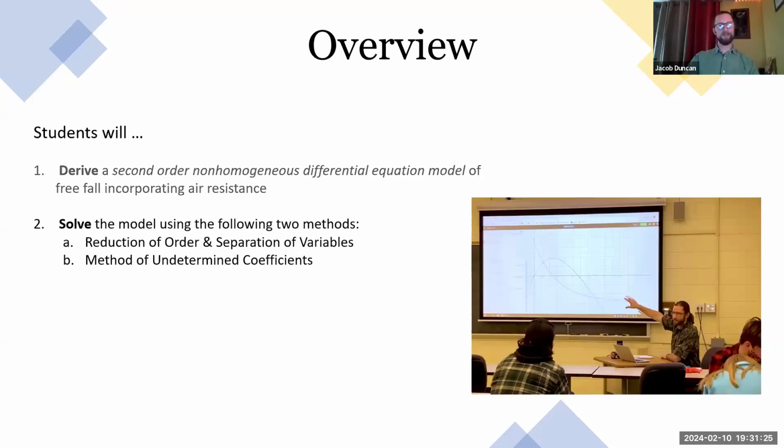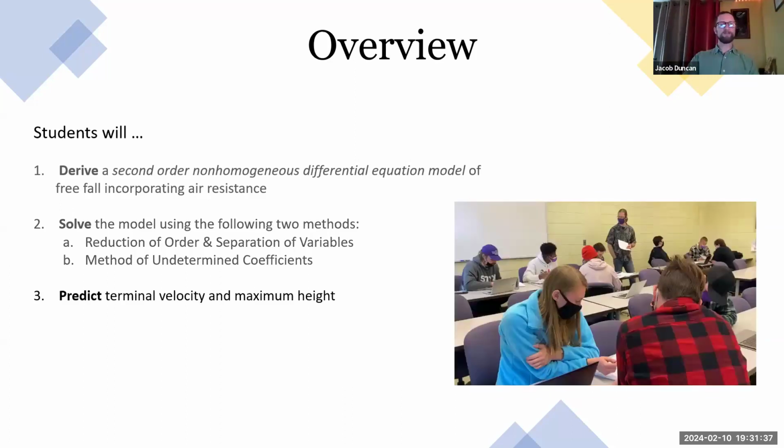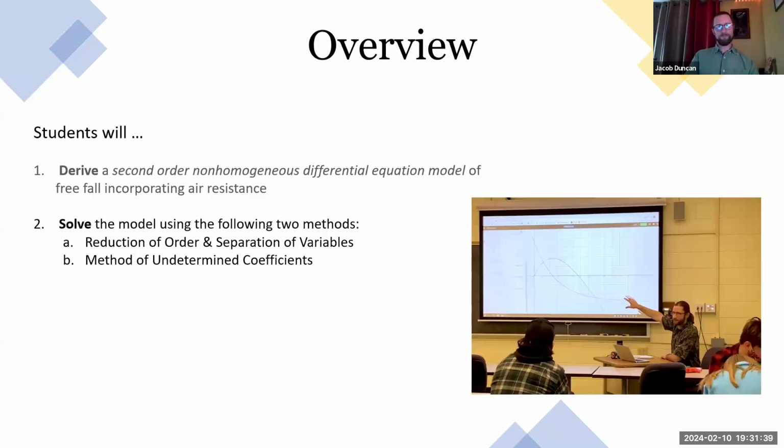I'll get into the details of that in a minute. Then they solve the model using two different methods, reduction of order and separation of variables, and then undetermined coefficients. They can use both of those methods, or you can just pick one of the two.